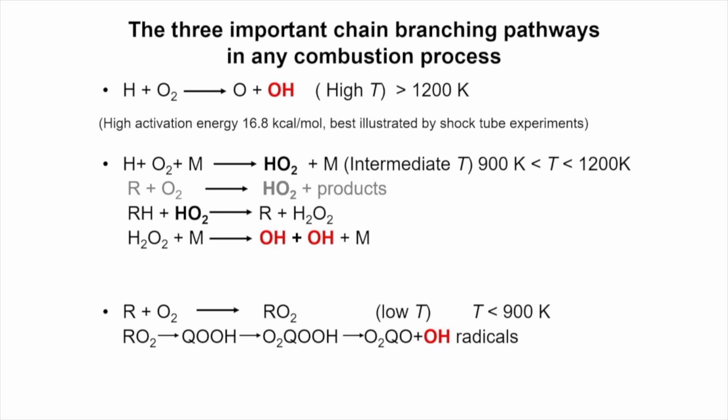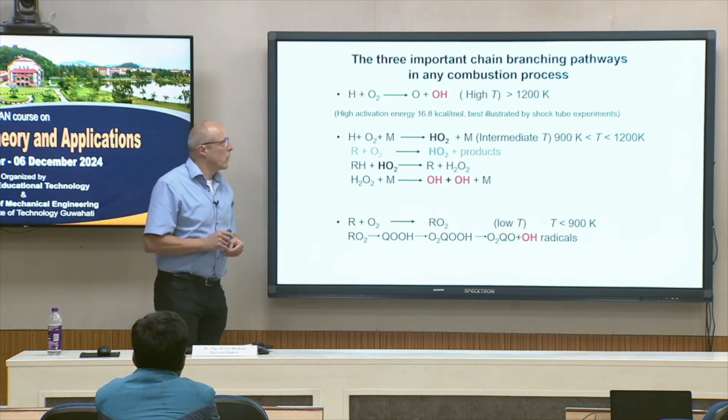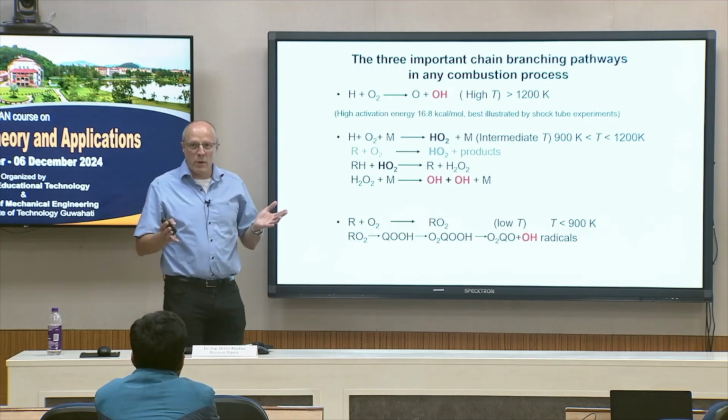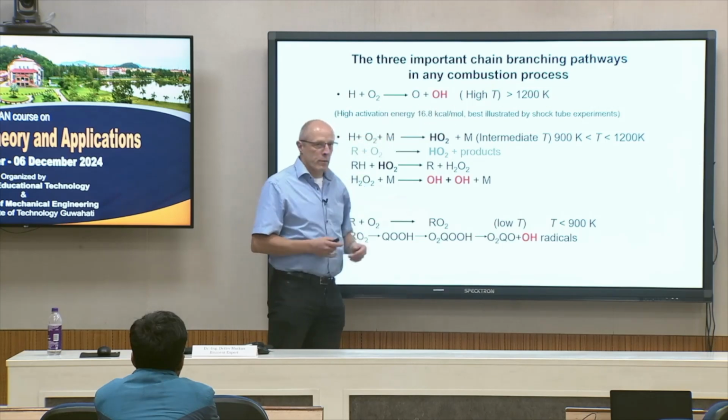So when we look now, for example, at temperature dependency at high temperatures, this is the most important reaction. So H plus O2 gives O plus OH, so chain branching, and this is the dominant reaction at high temperatures.